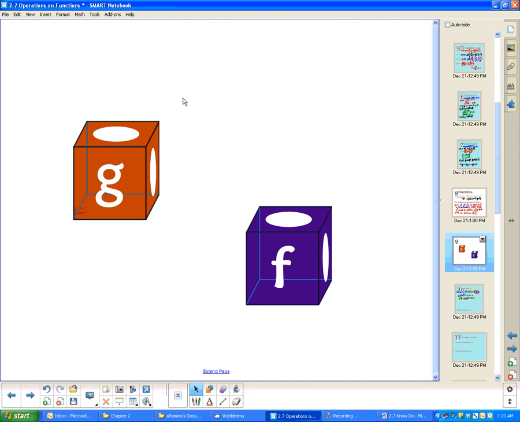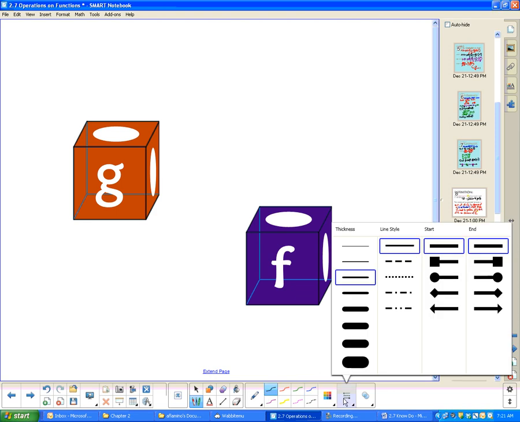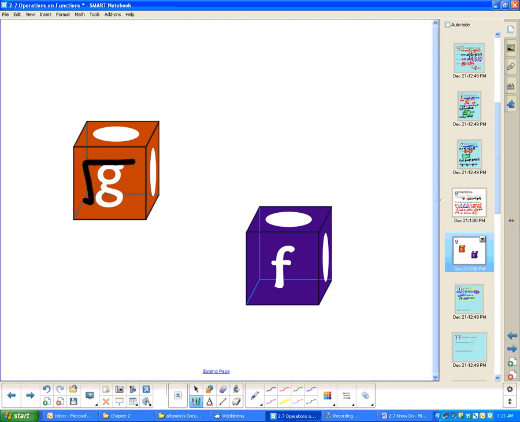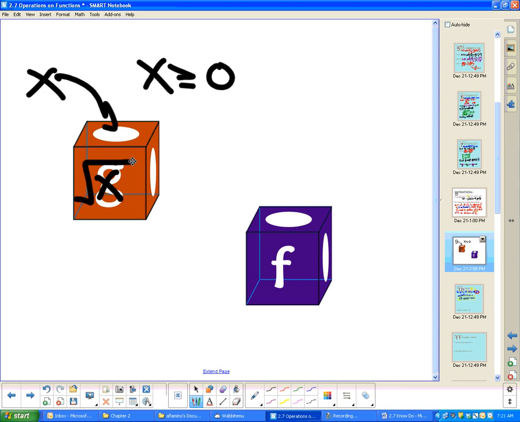Remember now, this function g of x is the square root function. It's the square root of x, which means the x's that go in there can't be negative. So that's the domain of g.